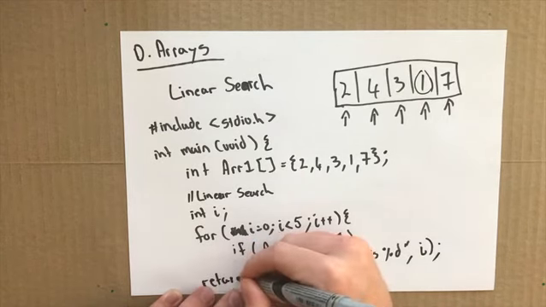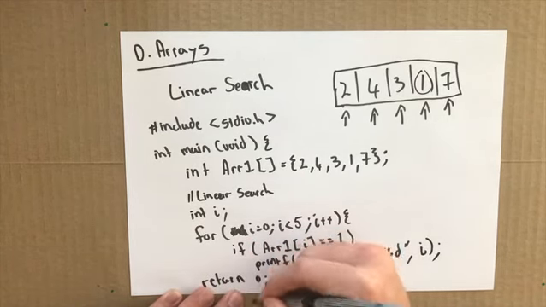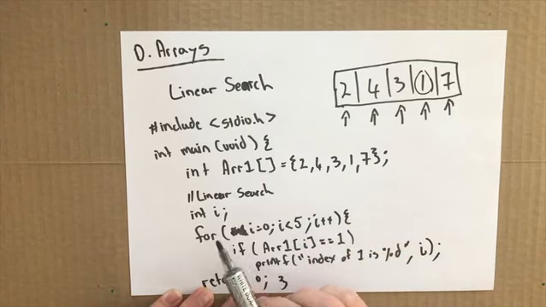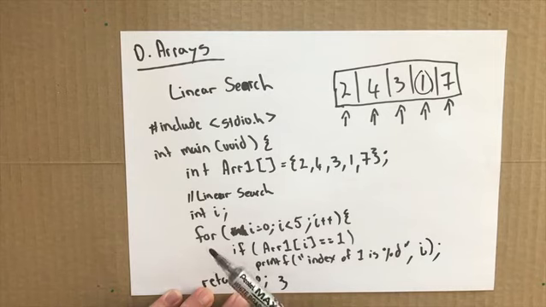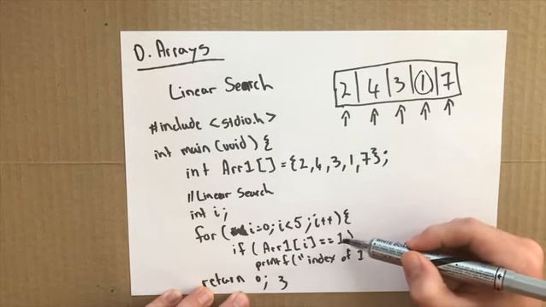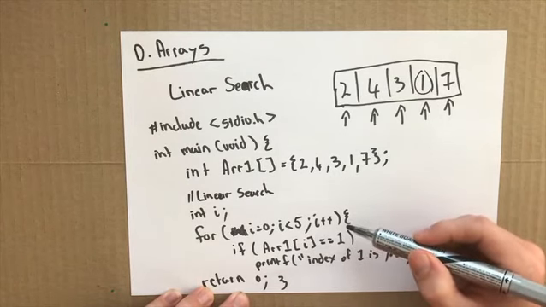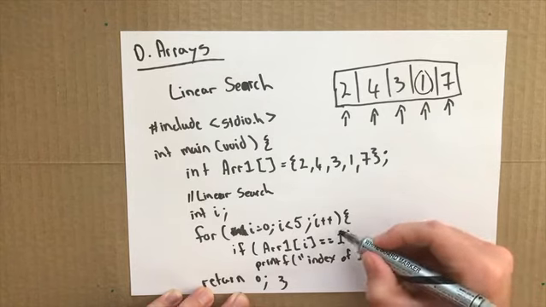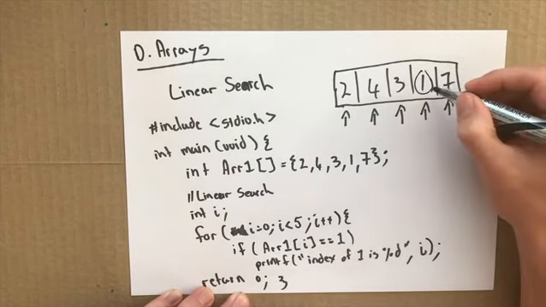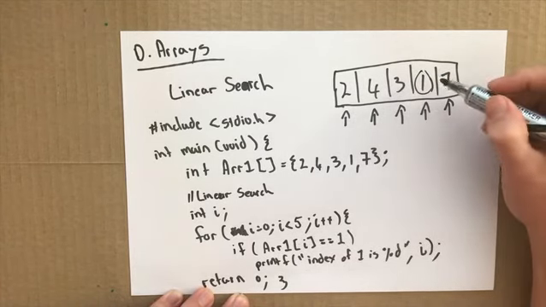That's the basics of linear search. All we need is a for loop, a counter controlled for loop, and inside that for loop there's an if statement checking each value if it's equal to 1. Now in a general sense, this 1 is now called the key that we are searching for.